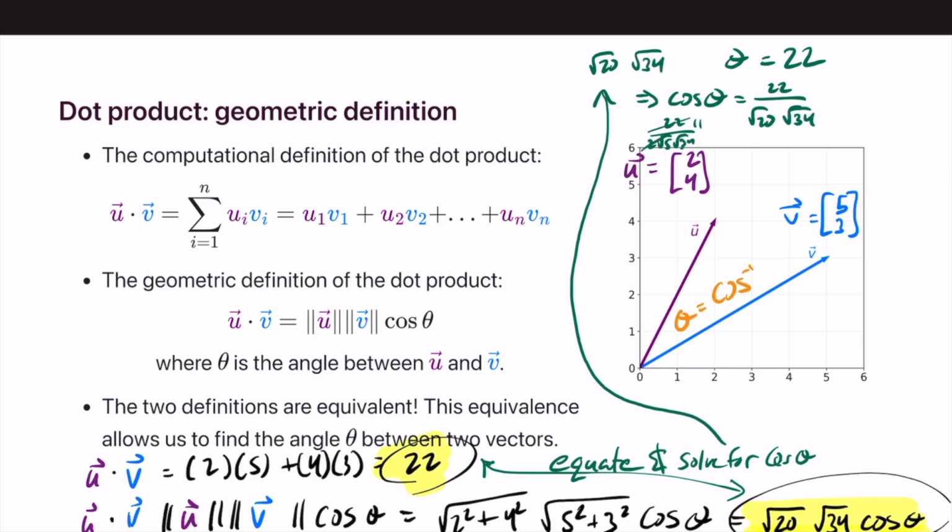So cosine theta equals 11 over root 5 times root 34, which is the square root of 170.